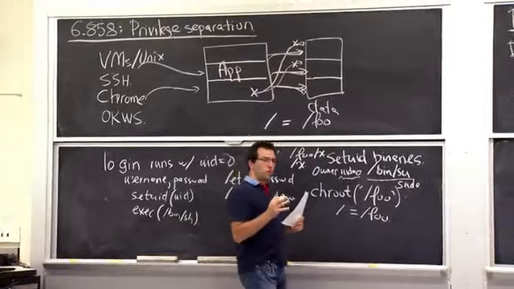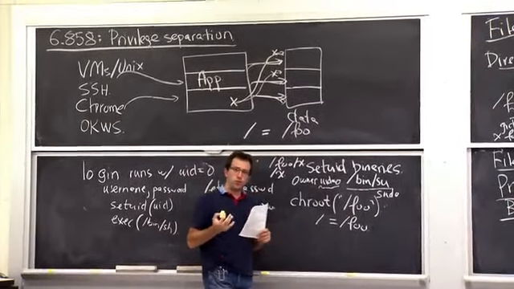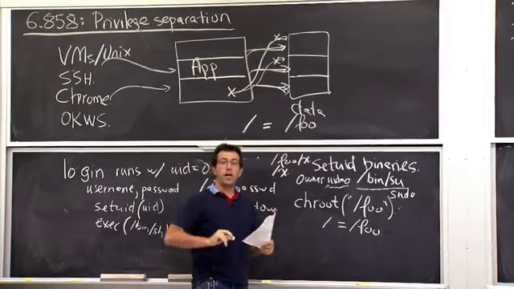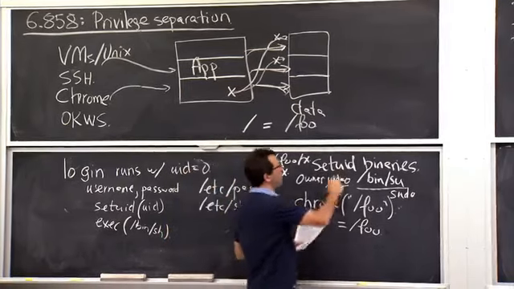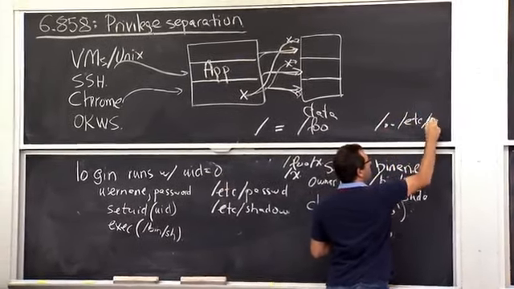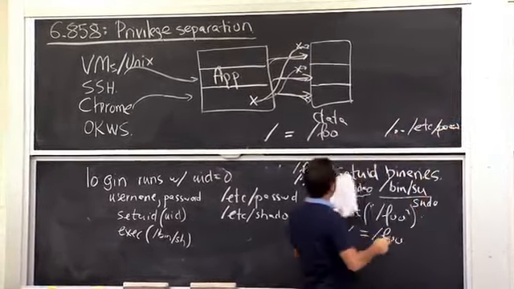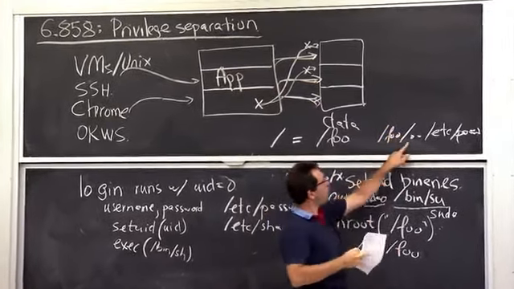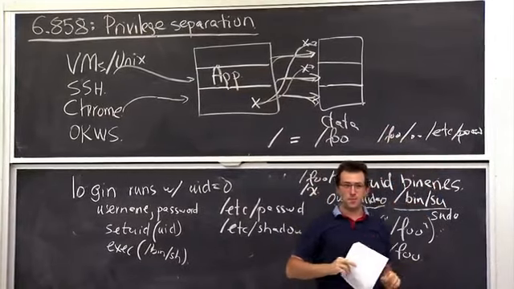The other thing the kernel does is it tries to prevent you from escaping out of your / by using .. Because you could imagine in Unix, I could ask for /../etc/passwd. If the kernel just prepended /foo, that would not be good, because I could then walk out of /foo and go get /etc/passwd.